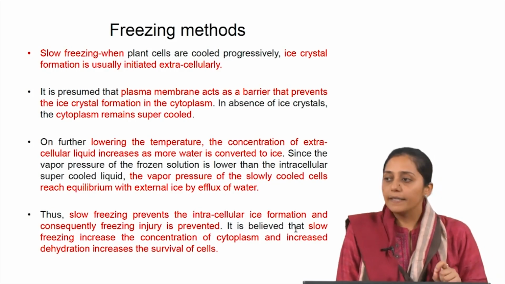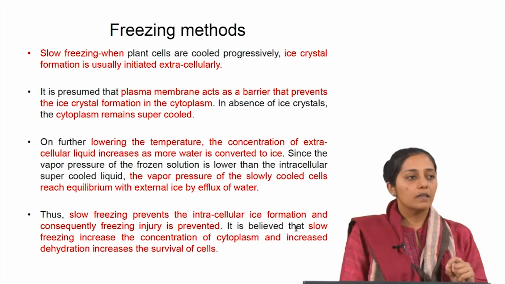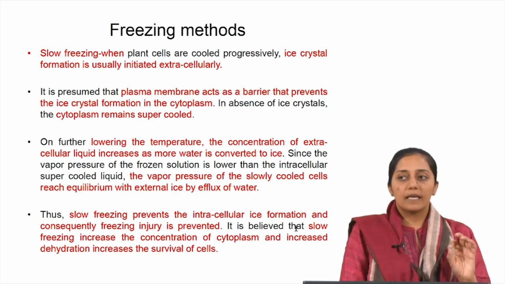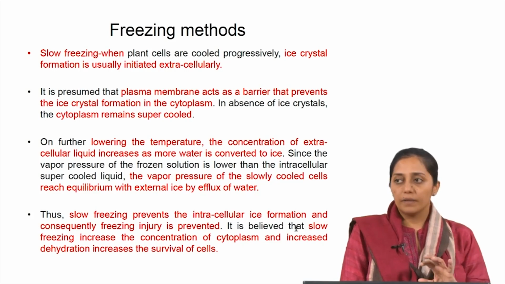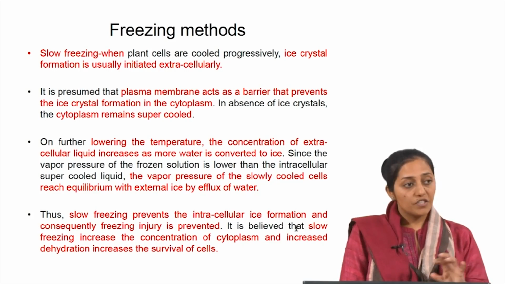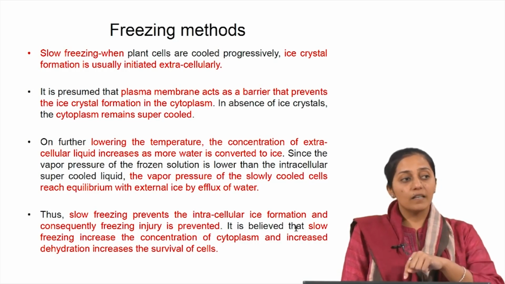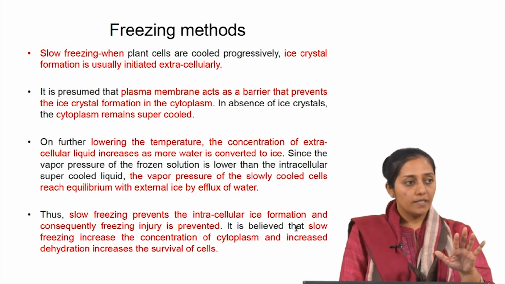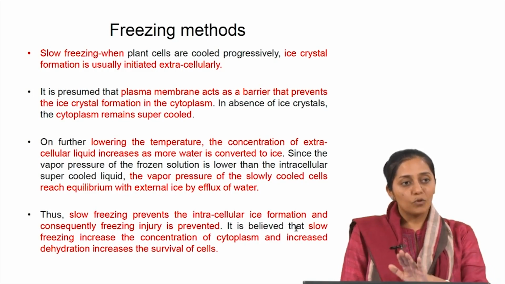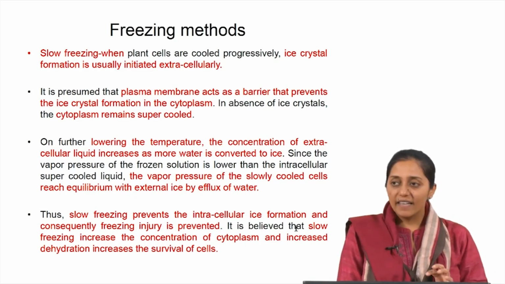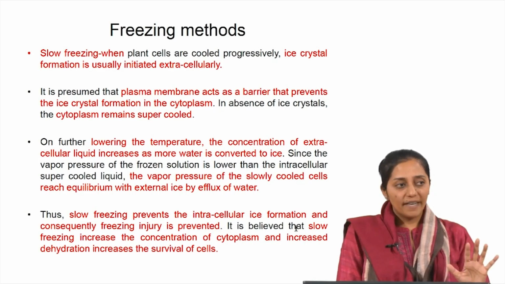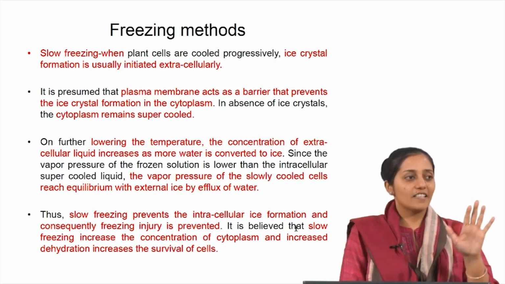If I give you a hint, when you do slow cooling, it will give the cell the time to equilibrate. This vapor pressure equilibrium will in turn facilitate the internal water not to freeze but remain at supercool temperatures. The idea is to prevent internal crystallization.